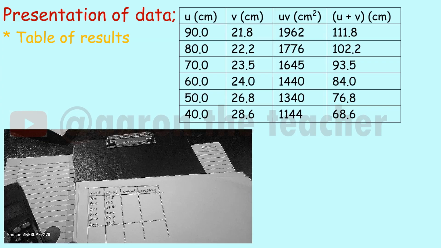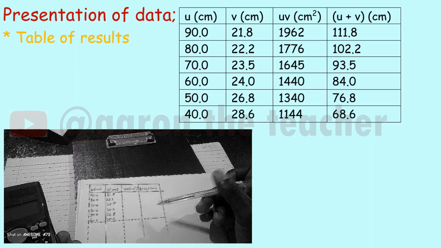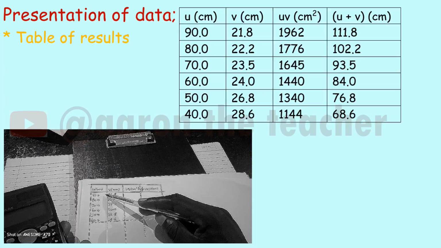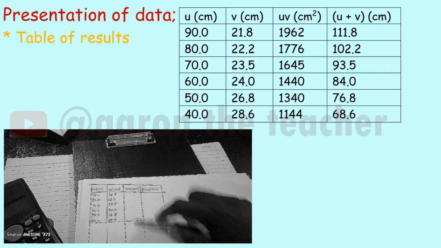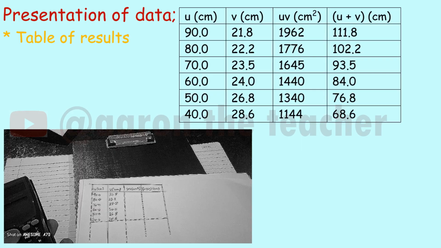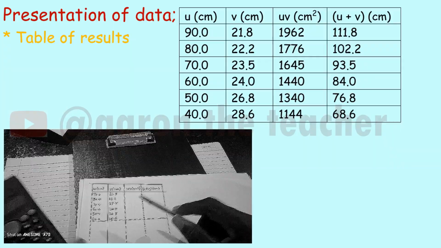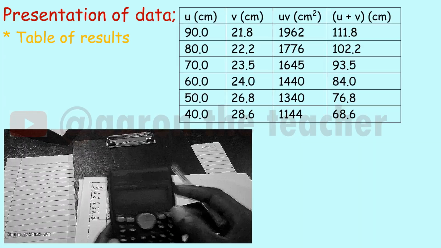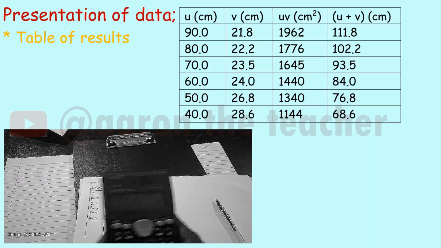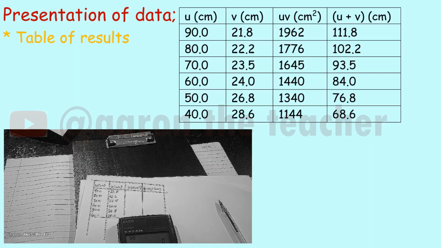I was going to first get the columns for each of them, but let's come to UV. We are multiplying 90 times 21.8, and to determine how many significant figures or decimal points we are going to follow in this column, we first get the highest product. I test 90 times 21.8.